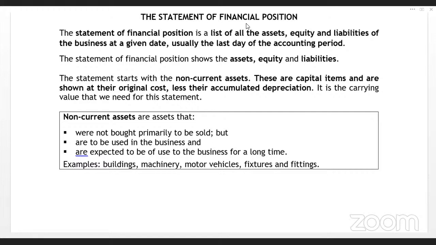Perfect. Thank you so much. Can I try? Yes, sir. To me, current assets are assets that can be converted to cash within a year, and non-current assets are assets that cannot easily be converted to cash within a given period of time, like in a year.